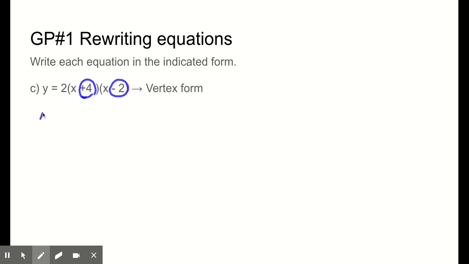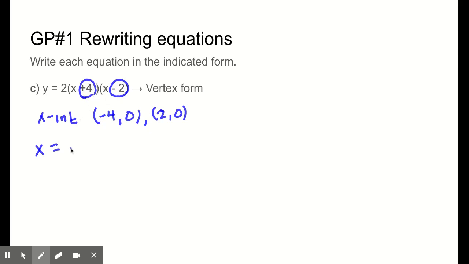So we know we have x-intercepts at negative 4, 0 and negative 2, 0. I'm sorry, positive 2, 0. So again, these are the opposite signs of our factors. So to find the x value of the vertex, we use these opposite values. We add them together and we divide that by 2.